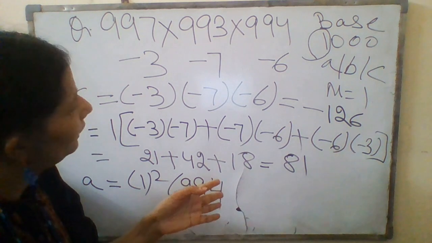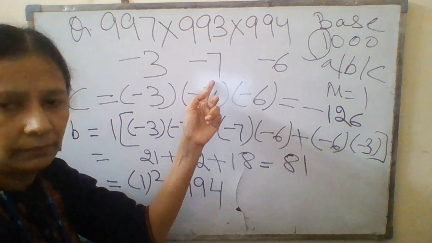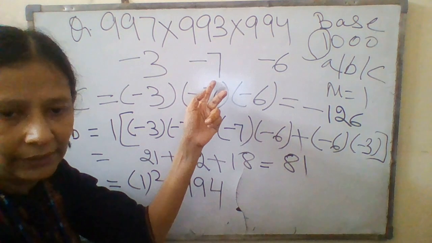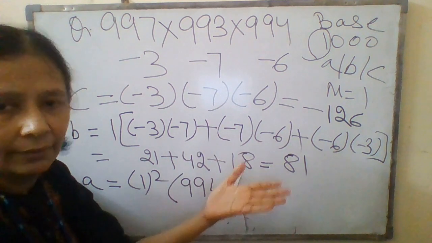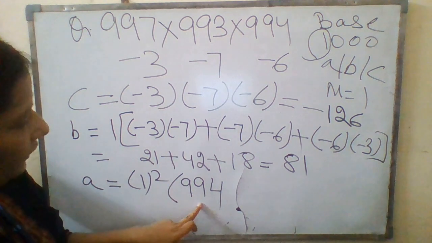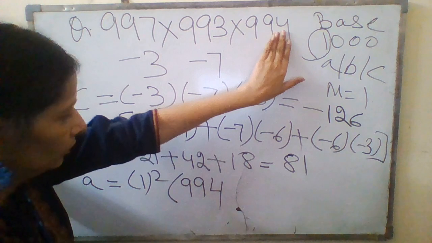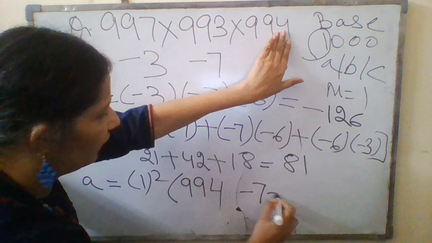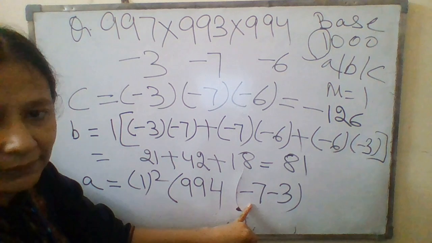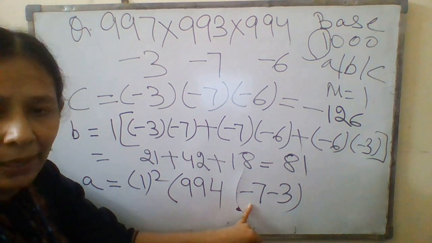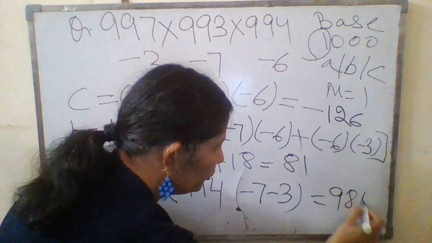How will it make my calculations easy? See, minus 3 plus minus 7 will be equal to minus 10, and subtracting minus 10 is much easier. Okay, I have taken 994, so minus 6 I will not take now. So what will I take? Minus 7 and minus 3. So 994 minus 10 is equal to 984.